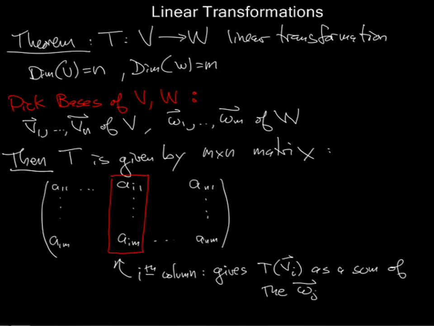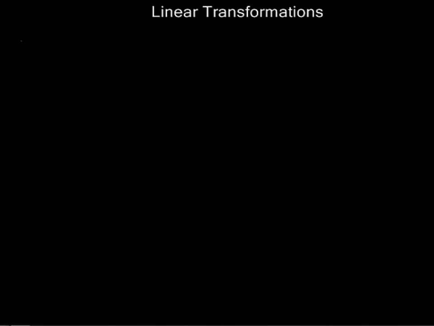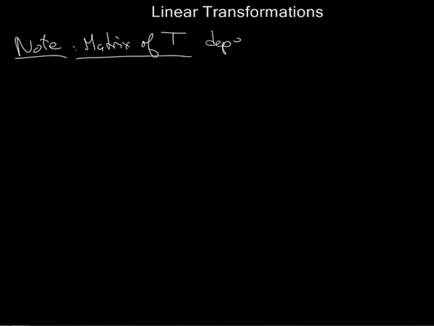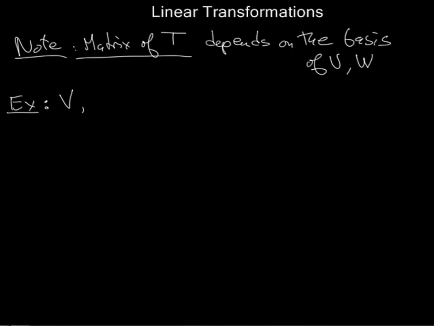And every linear transformation is given by a matrix, and every matrix gives a linear transformation. And it's important to note that the matrix that you get depends on the basis. Of course, it doesn't even mean anything to write down a matrix without a basis in mind.